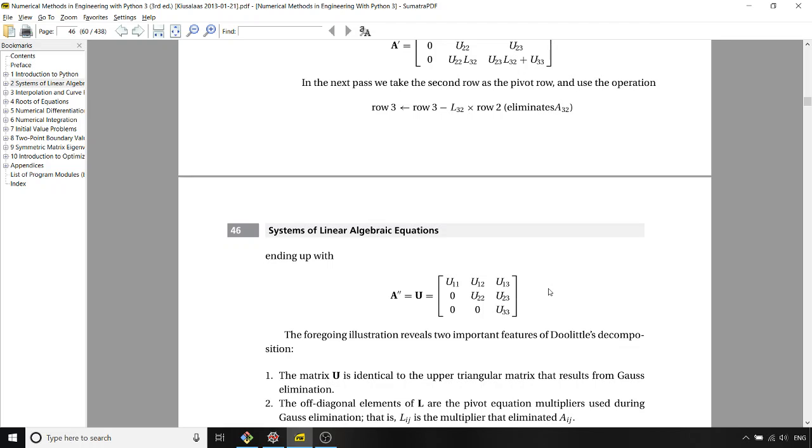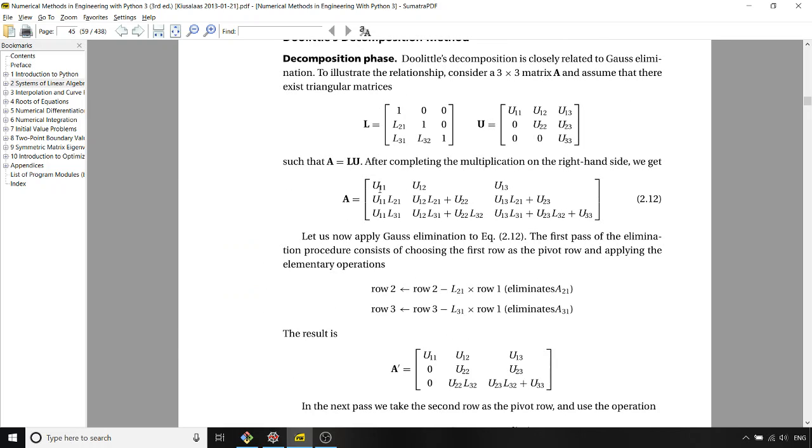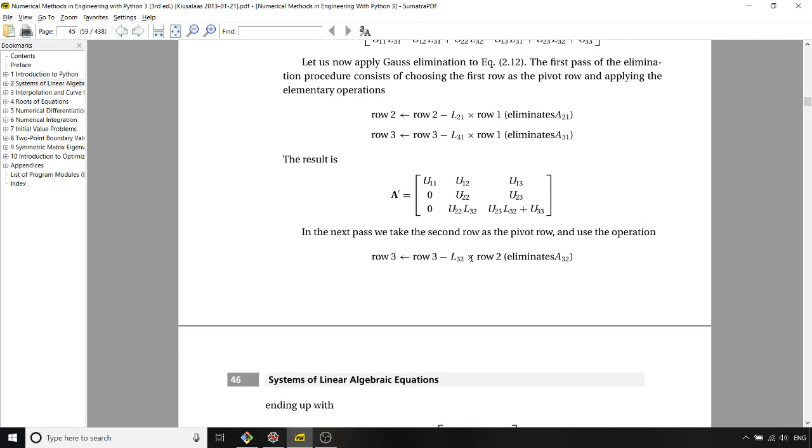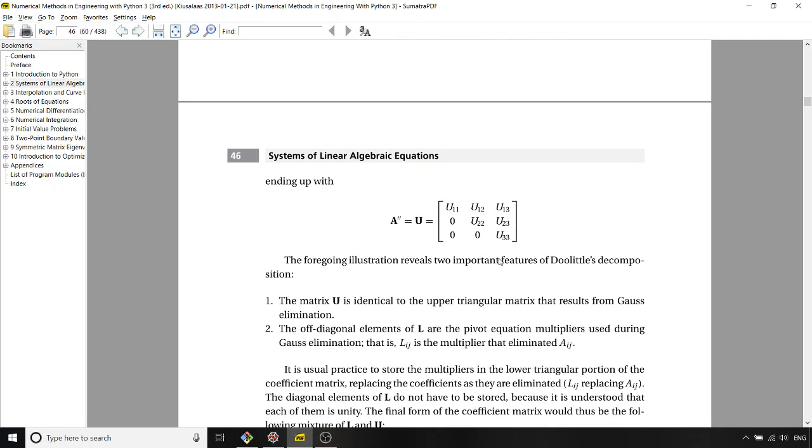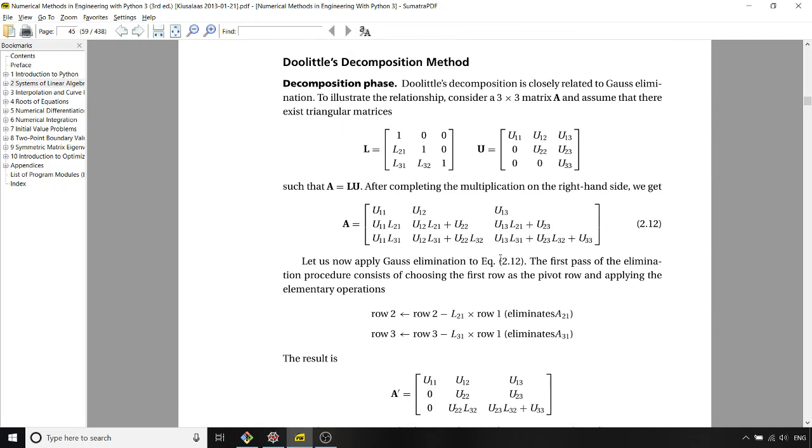So the property to easily find is that when you have a matrix, you just do Gauss elimination. From the multipliers of the Gauss elimination you will get the values of L21, L31, L32 and so on.